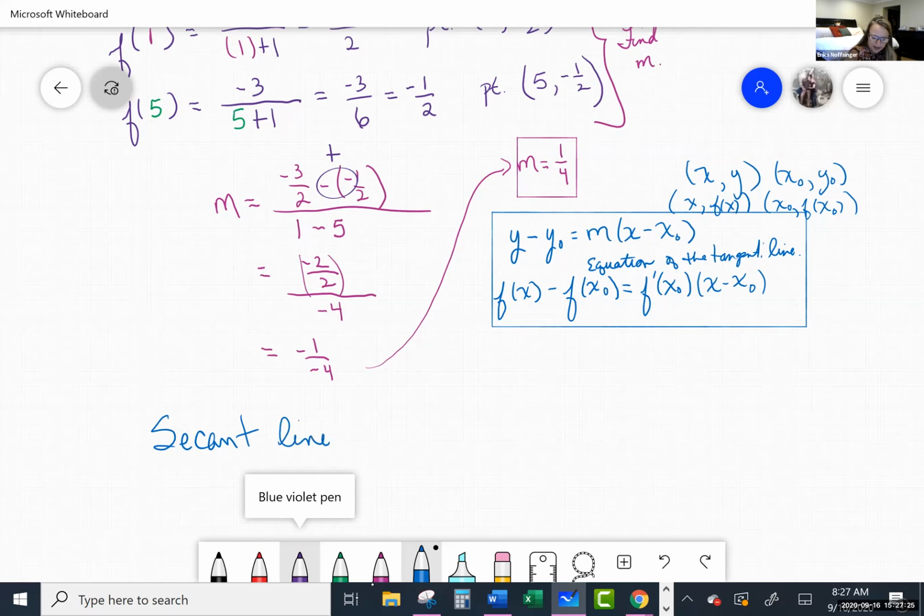We have y minus our y value of our point. If I'm using that second point, that y value is negative 1/2. So minus negative 1/2 is equal to our slope, which we saw was positive 1/4, all times the quantity x minus our x value of our point, and our x value of this point is 5.